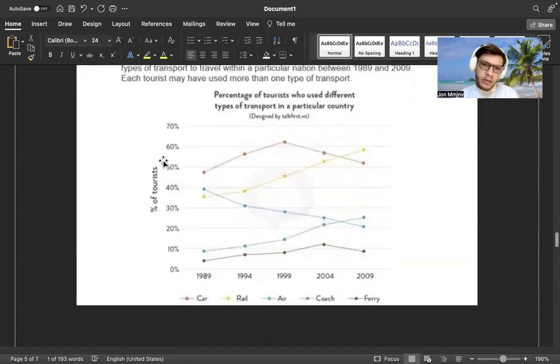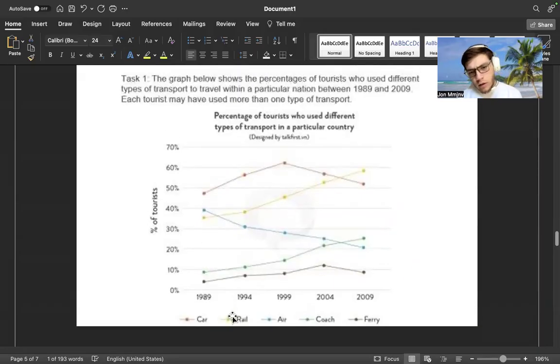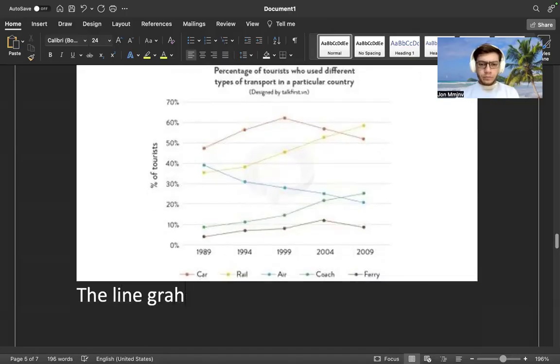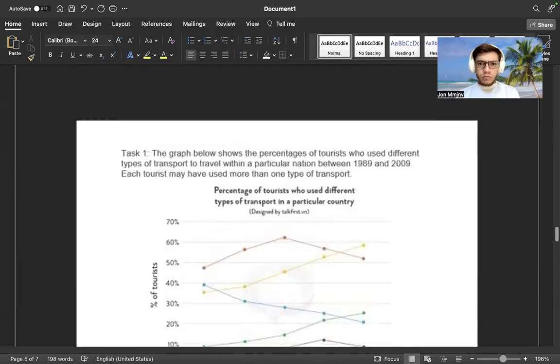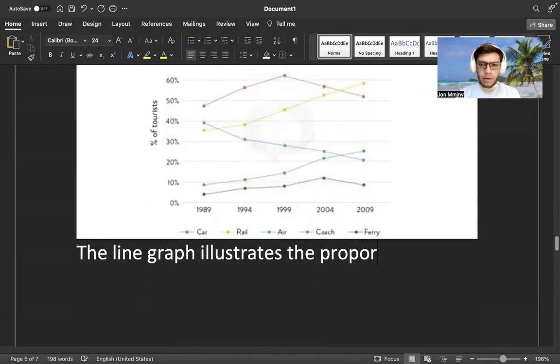Cool. Okay, these are percentage of tourists, and these are the transport they use. Okay. The line graph illustrates the proportion of tourists.